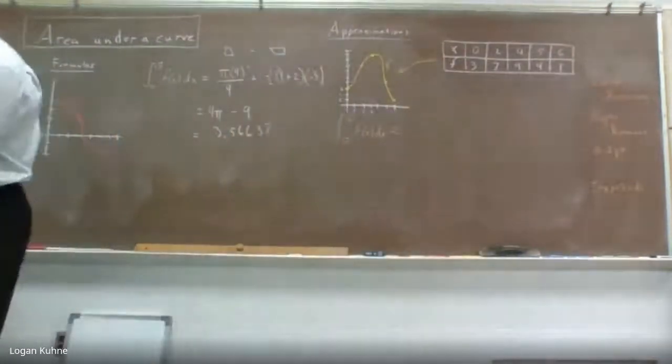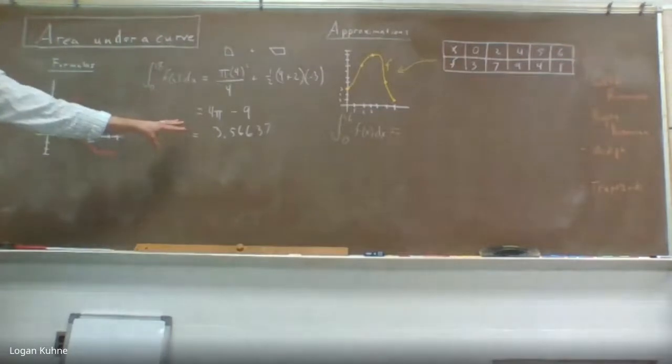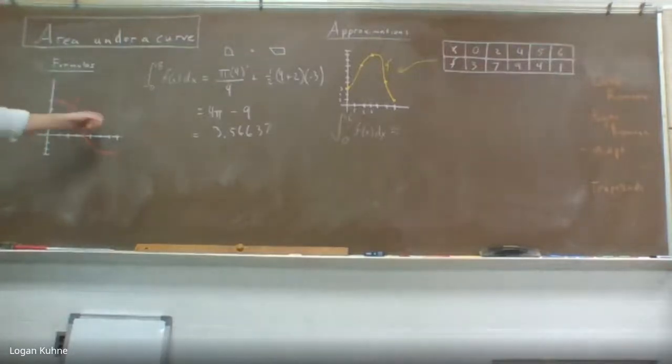So integrals find the area under the curve. Okay. So far, we like it when there's nice, easy geometric formulas, right? Over there it was rectangles and a trapezoid. Here it was a circle and a trapezoid, or a circle and a triangle and a rectangle. We like those.